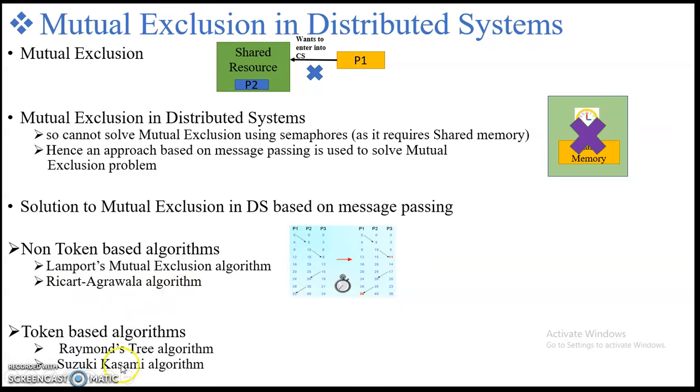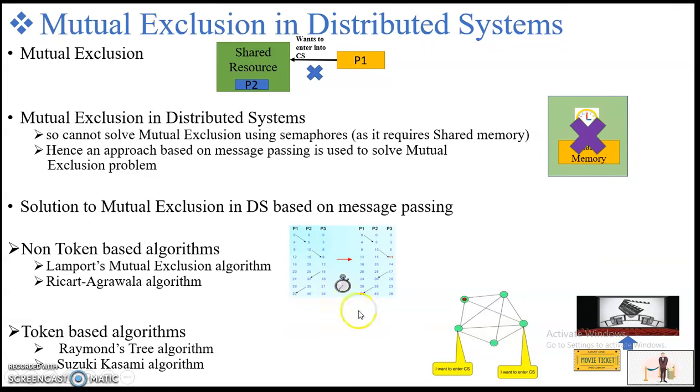And in token based algorithms, there are Raymond's tree algorithm and the Suzuki-Kasami algorithm, wherein a token is nothing but a holder, or we can say, in a real-time example, a ticket which is given to a process that is already in the critical section.